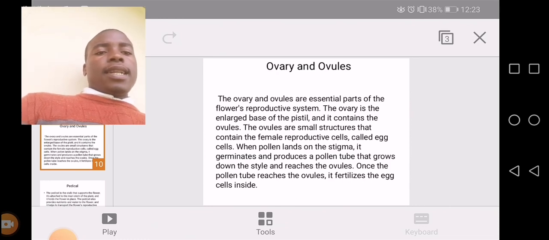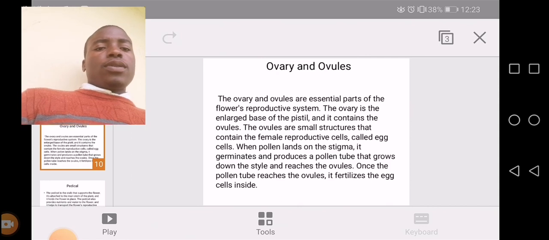When the pollen lands on the stigma, it germinates and produces a pollen tube that grows down the style and reaches the ovule. Once the pollen tube reaches the ovules, it fertilizes the egg. So fertilization is done in the ovary where the ovules are. This is where fertilization occurs.